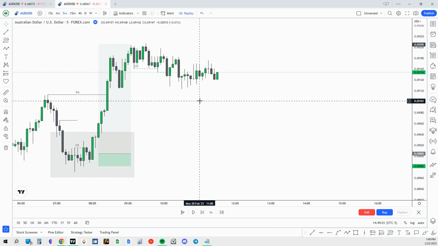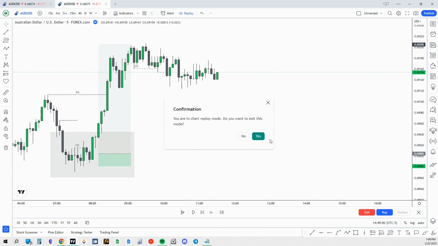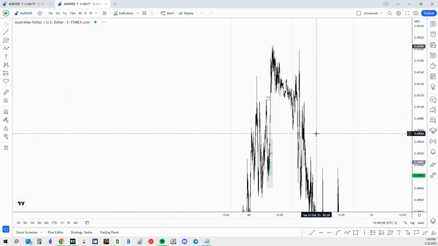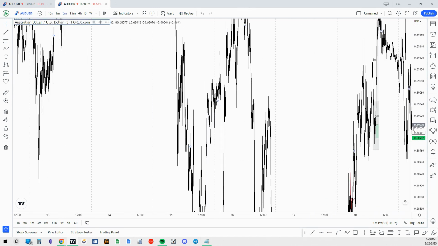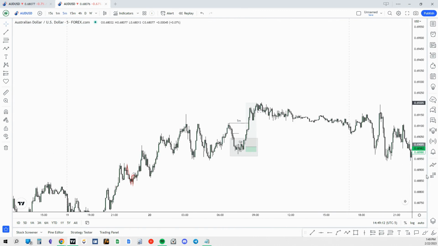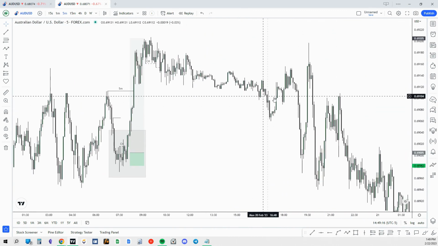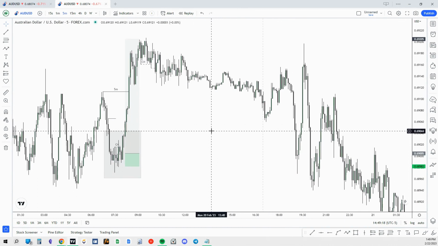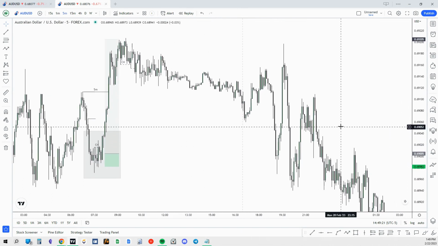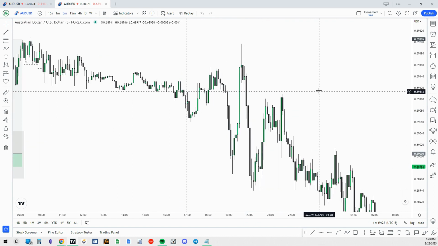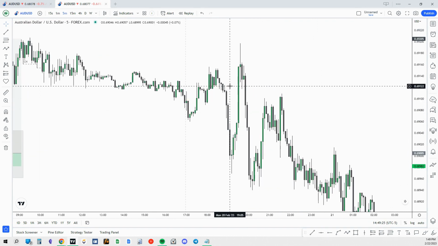Let me just find one other example that I remember seeing in here. Okay, yeah, it was actually later on after this session. This is a perfect example of how change of character is not perfect, just like nothing is perfect.